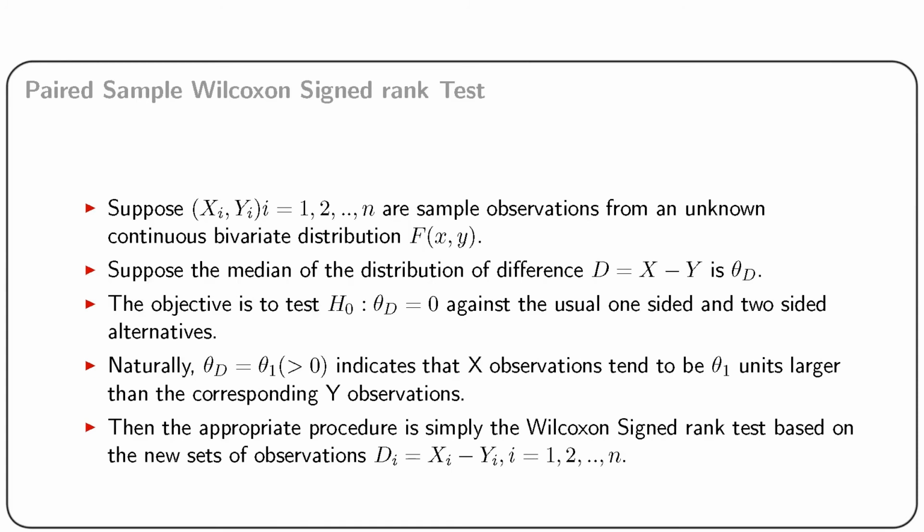Thus, statements about theta_D give information about the relative locations of the marginal distributions. Then, the appropriate procedure is simply the Wilcoxon sign rank test based on the new set of observations d_i, which is defined as x_i minus y_i for i from 1 to n. Such procedures are referred to as the paired sample sign rank test.